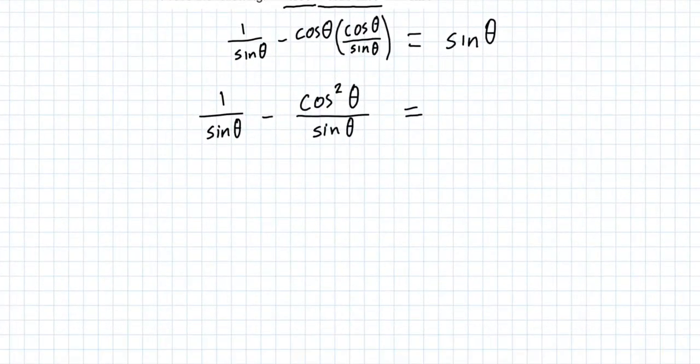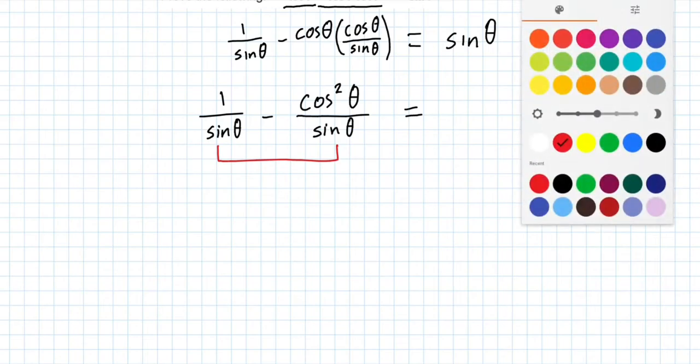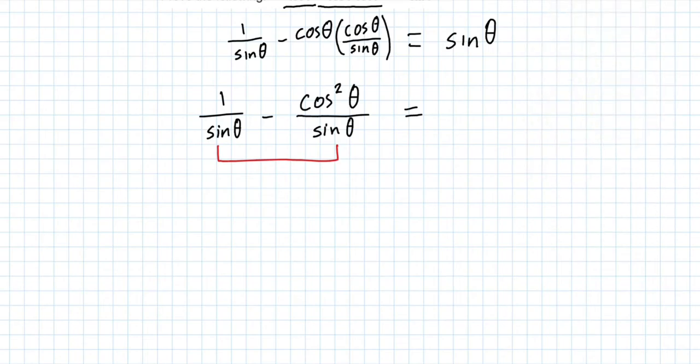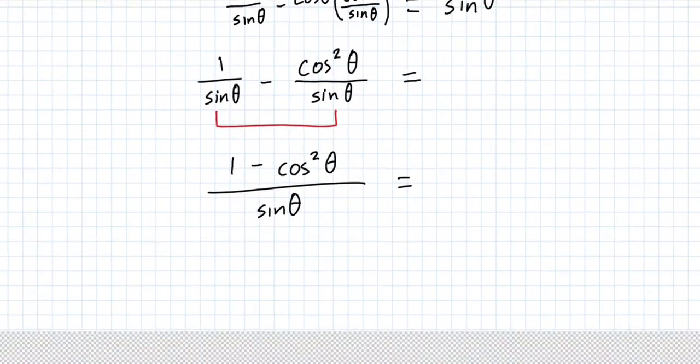You're going to start to see something develop here, and that's that these two terms are going to have the same denominator. So we can collect like terms and simply rewrite this as 1 minus cosine squared theta, nothing's changed, over sine theta. All we did was clean that up a little bit. And our right side we're not going to touch.